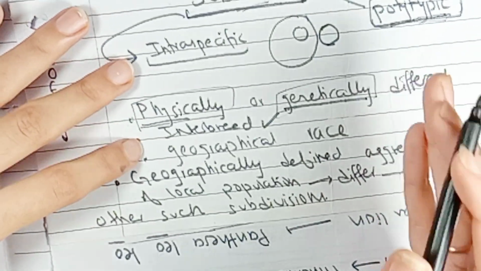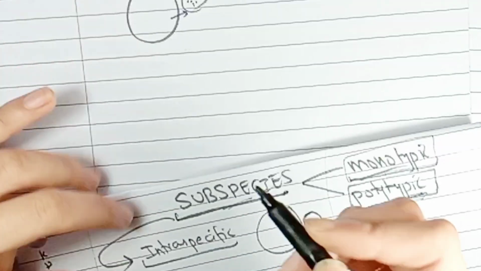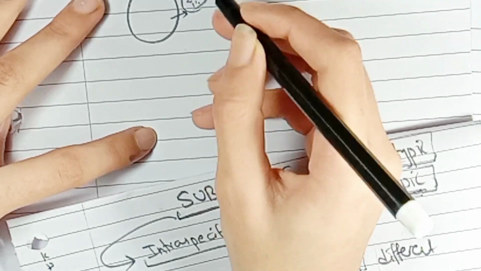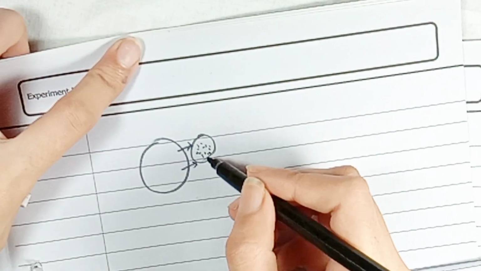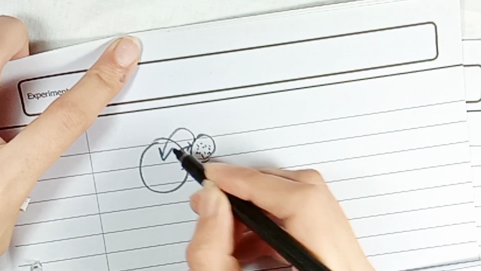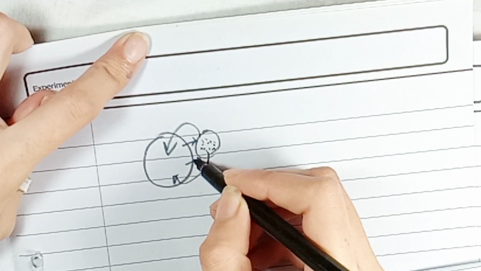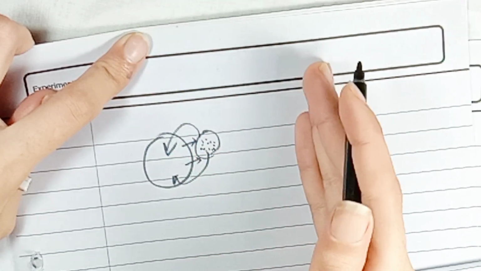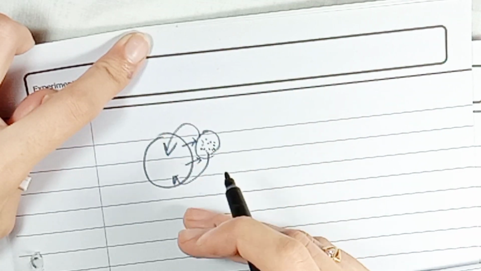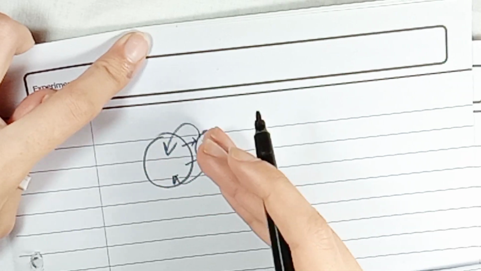They are different, but still they can interbreed with their parents. Even if this group is different physically or genetically, it still can interbreed with its ancestors or with the other members of the species. So this is the concept of subspecies: even if they are physically or genetically different from the rest of the group, they are still able to interbreed with their species.